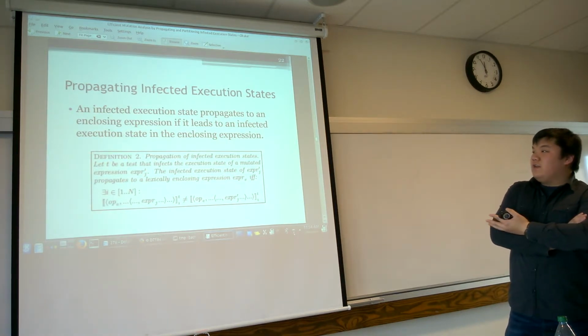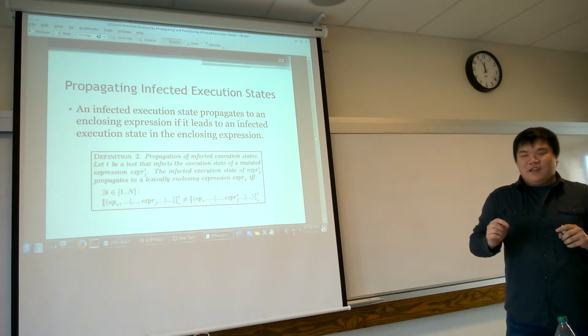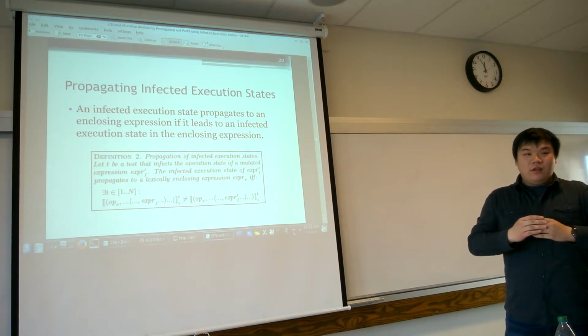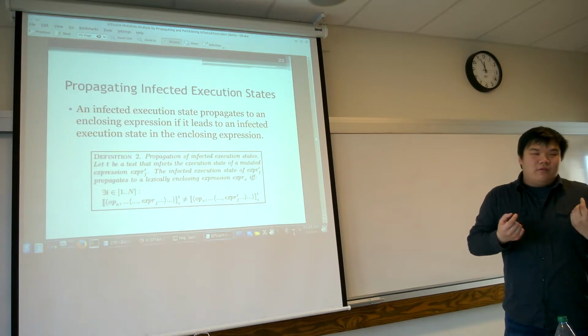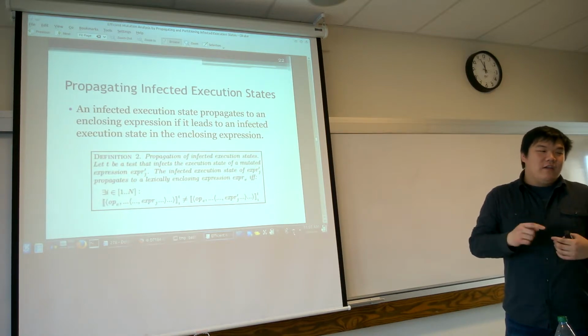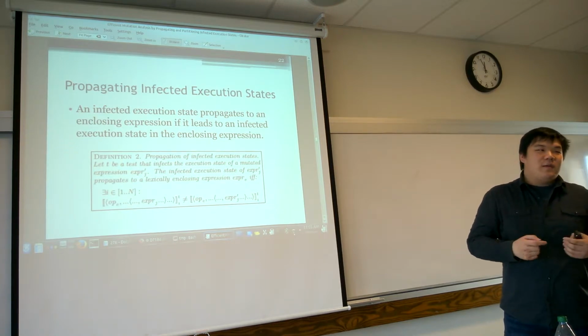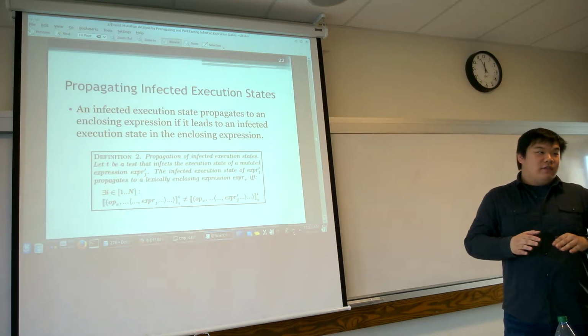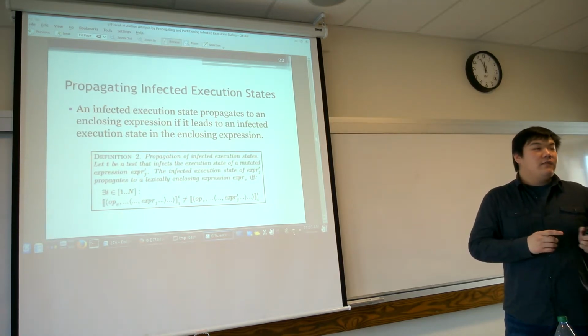An infected execution state propagates to an enclosing expression if it leads to an infected execution state in the enclosing expression. So basically it's just saying that if there's something local, say you change, I don't know, x plus y greater than some other z, and you change it to maybe less than or equal to, and if that changes the result in that enclosing statement, then that itself is infected as well.